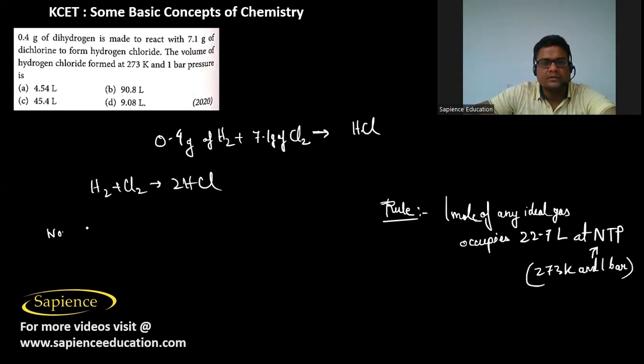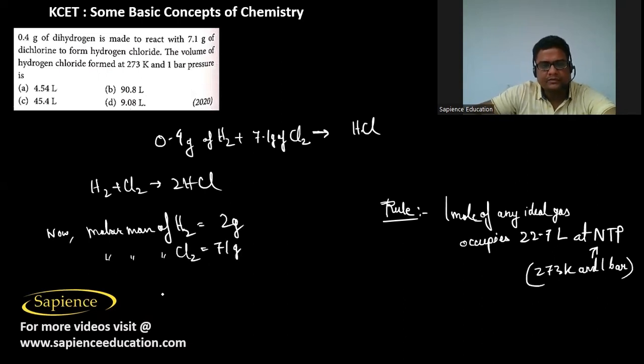Now, the molar mass of hydrogen H2 is 2 gram, and the molar mass of Cl2 is 71 gram. Therefore, 0.4 gram of H2 means we have 0.4 by 2, that is 0.2 mole of H2.